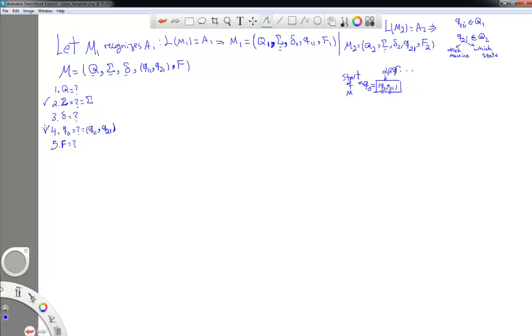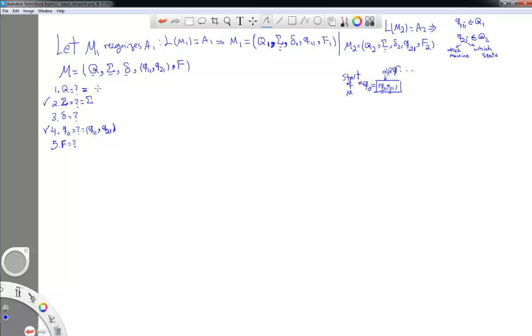Now, number 1 is the next easy thing to create, and I talked about it informally earlier. Since I'm taking each symbol one at a time and I want to simulate both of my automata side by side in parallel, I'm going to make the state of my big automaton a pair of a state from the first automaton and a state from the second automaton. This way I will have access to all of the states in both automata at every time to be able to process.